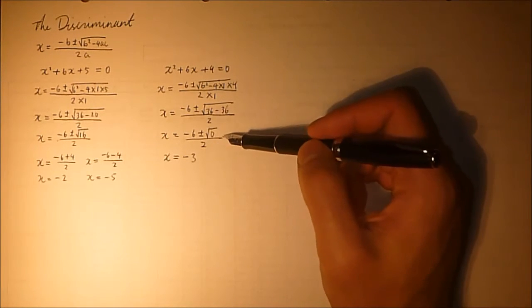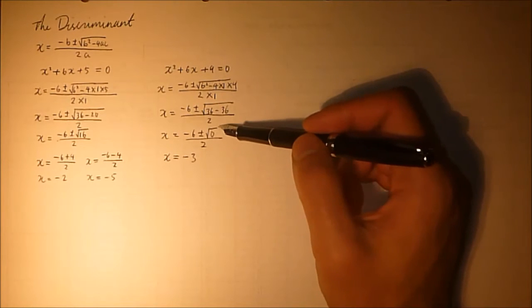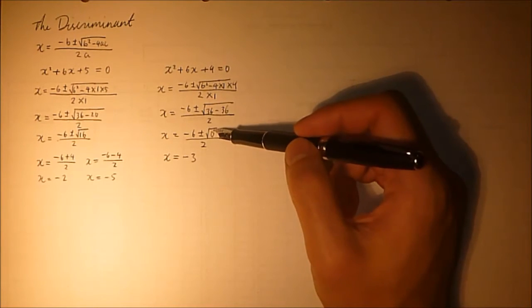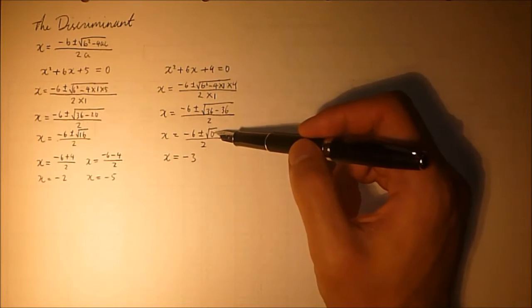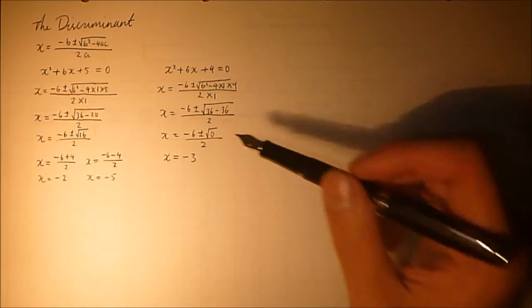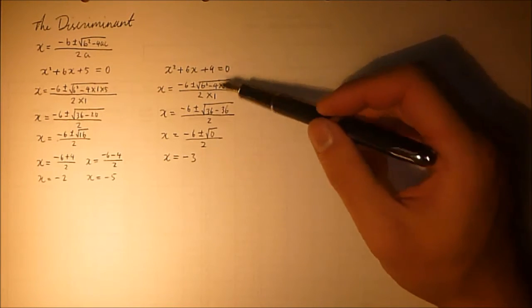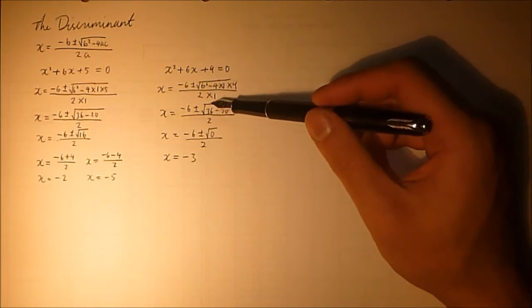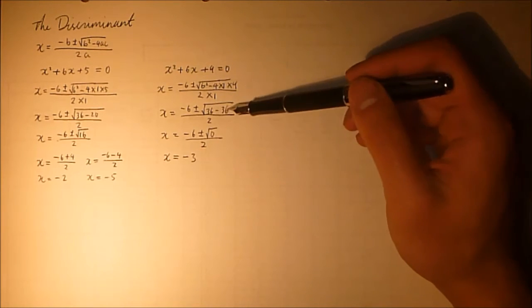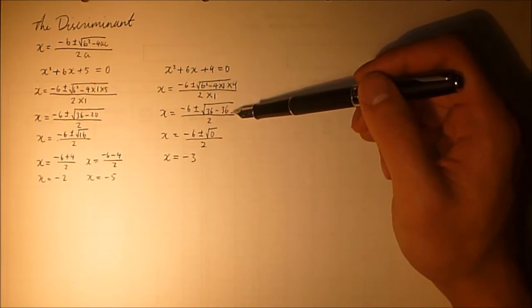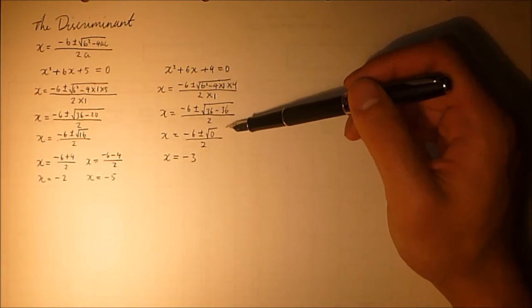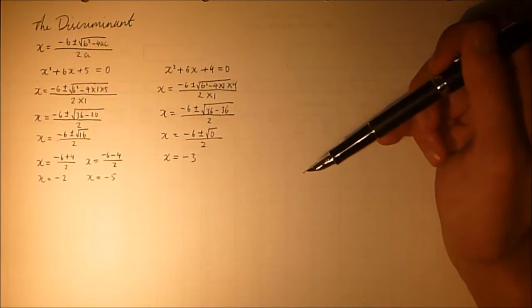We can only have one solution because the 0 here makes no difference whether it's add or subtract. So we can say that if the combination under the radical sign is 0, then we can only have one solution to the equation.